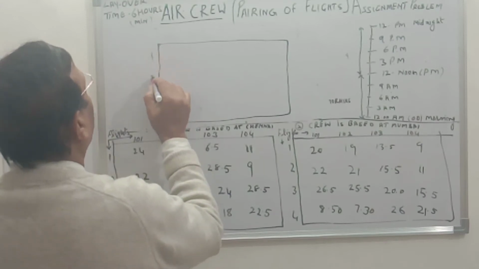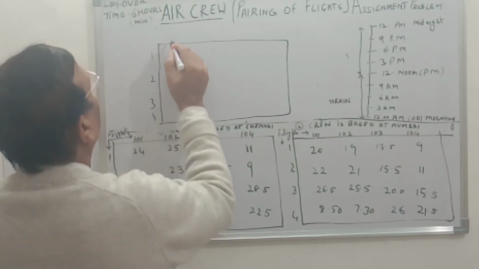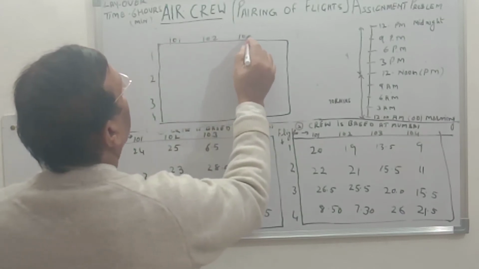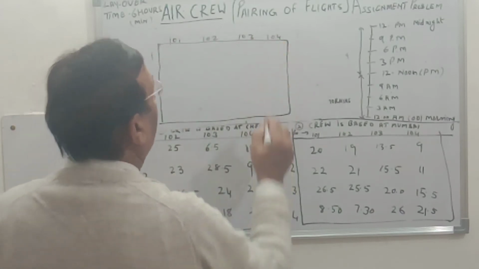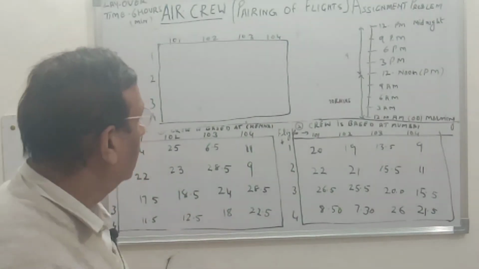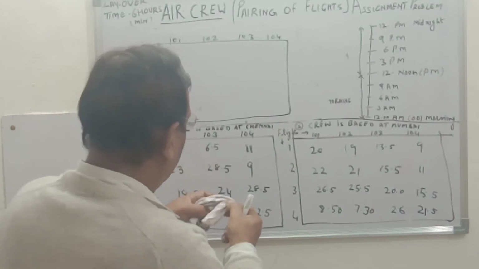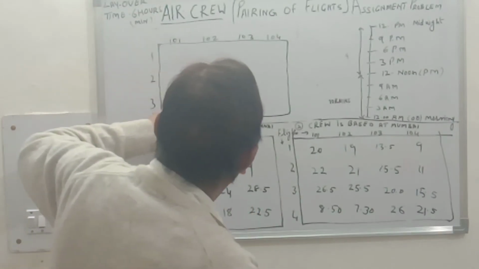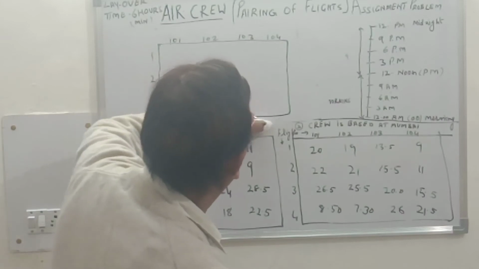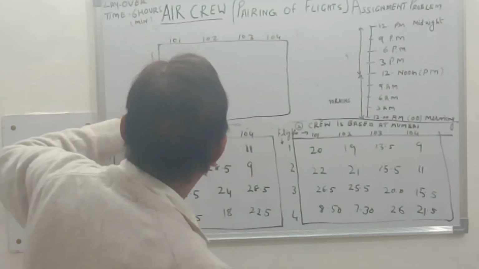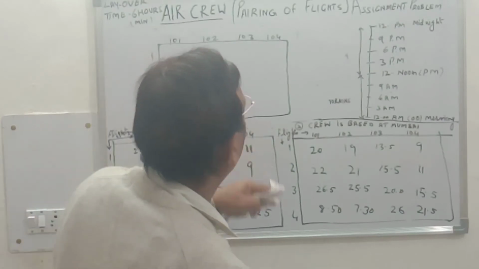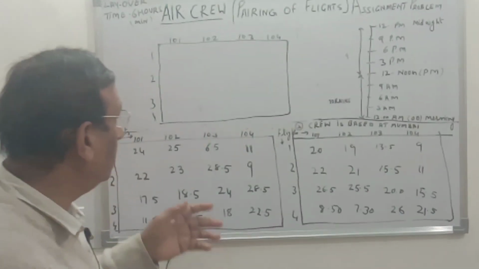Flight numbers 1, 2, 3, 4, 101, 102, 103 and 104. Now you have to check the minimum time. So you have to compare and find the minimum time.